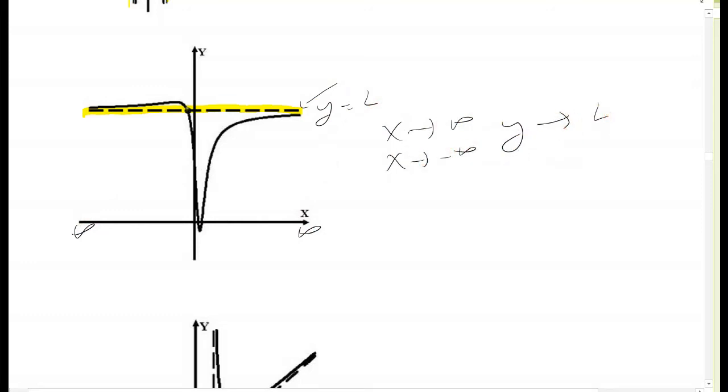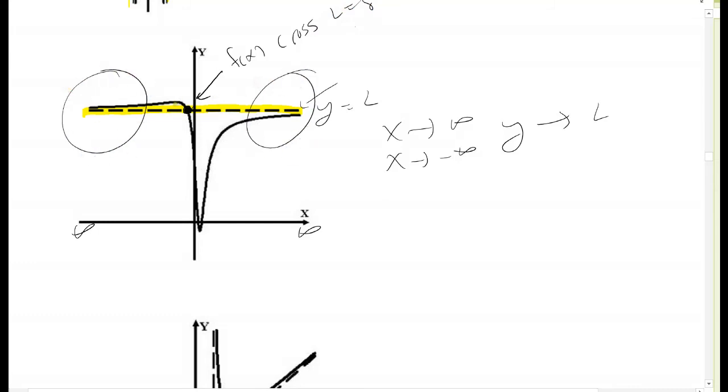In the second example, I've got a horizontal asymptote, so again, this dotted line here is my horizontal asymptote. This would be the y equals L. As my x values shoot off to infinity, as my x values shoot off to negative infinity, my function approaches it. Now this one, I actually do cross it. The function actually crosses the y equals L one time, but then at the tails it doesn't.